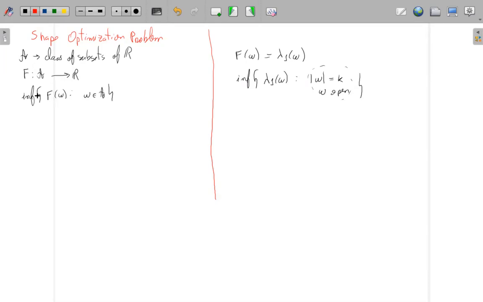I'm going to do a kind of a subclass of this, which I will call optimal partition problems. So it will not only have one set, but several sets. Imagine that you have a structure made of several components and you want to optimize each one of the components of the structure.